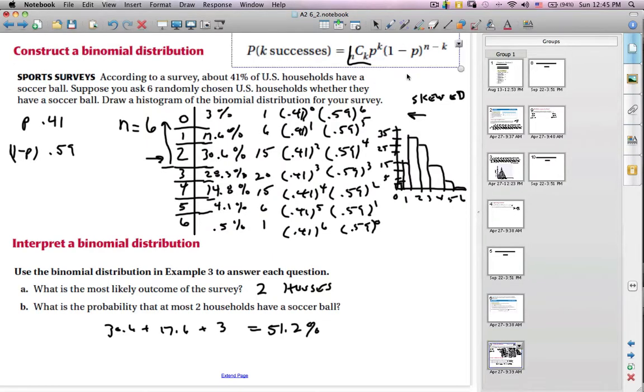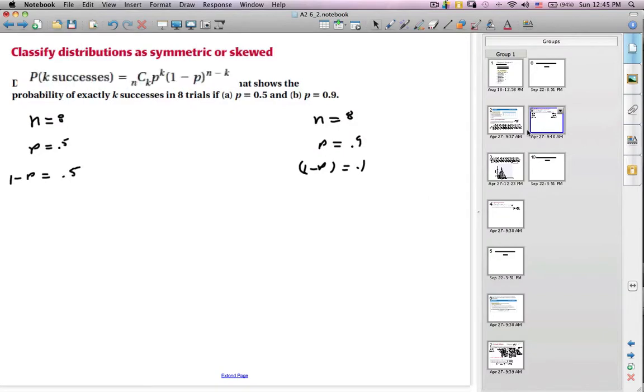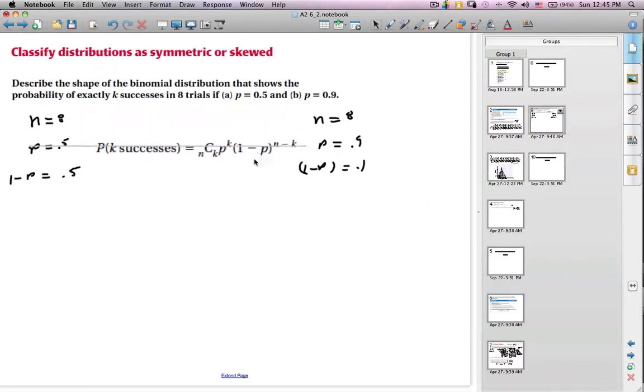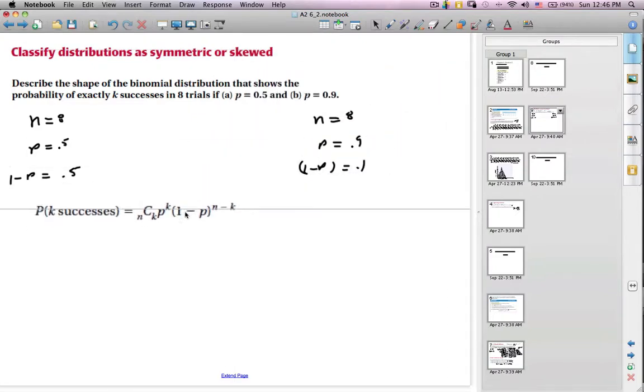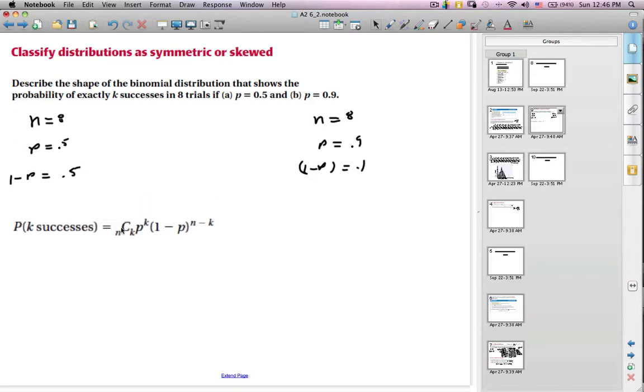In fact, I'm going to copy it and bring it over here. I'm going to use it 8 times, build a table, and then build a histogram for each one, and then I'm going to come back to you guys. So you're not going to watch me do that. I'm going to assume by now you know how to do these things.